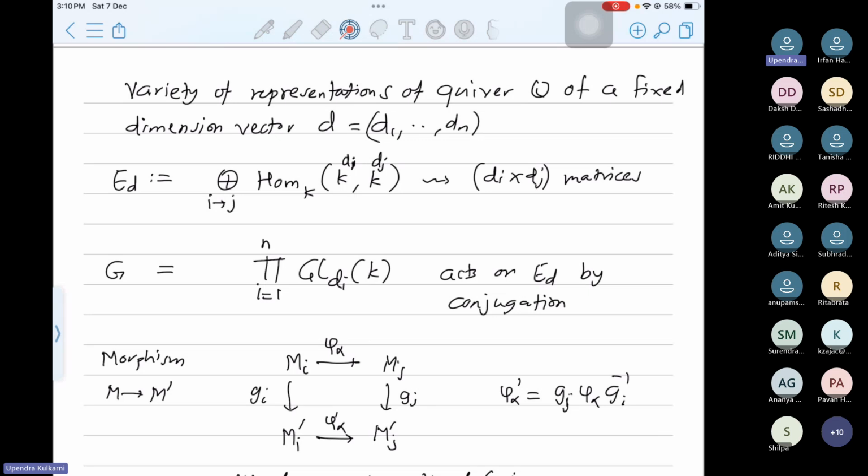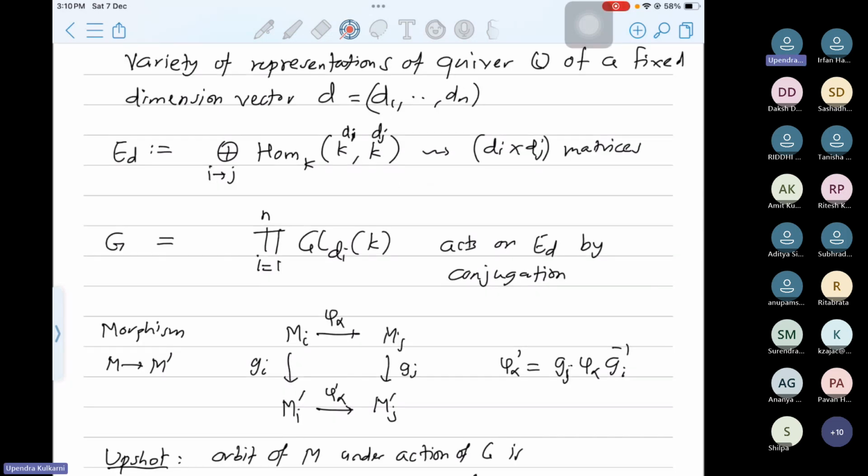So now what I do is I take a variety of representations with a fixed dimension vector d, which means I put at every vertex a fixed dimensional vector space. If the dimension vector is d_1 up to d_n, then at vertex i I have something of dimension d_i.